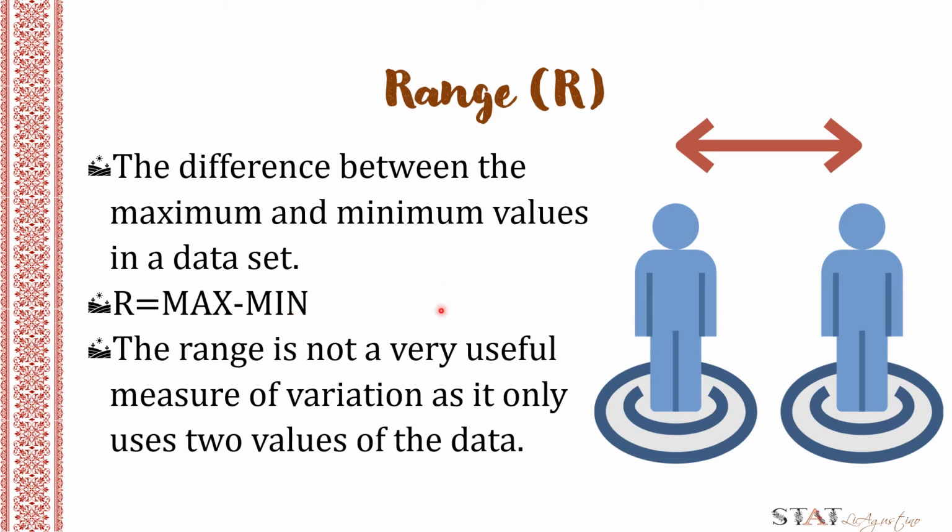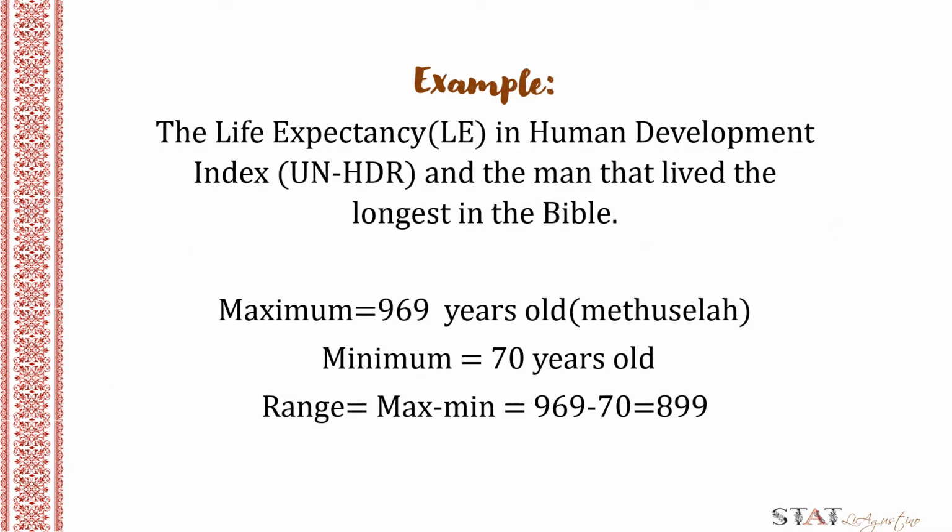That's one of the criticisms of using the range. But still, it is one of the measures of variation. The other measures of variation that we'll talk about later will be more useful as they are computed using every data value, unlike the range, which only uses the maximum and the minimum value.